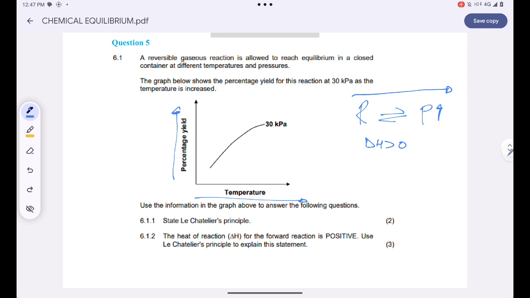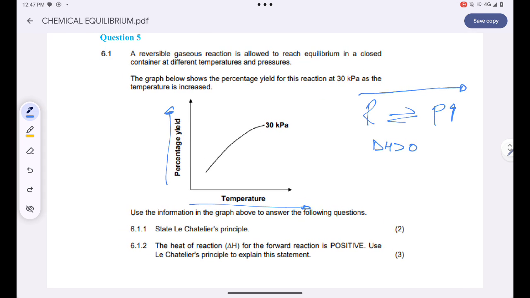6.1.2, we are told that the heat is positive. Yes, it is positive. We are supposed to use Le Chatelier's principle to explain this statement. As temperature increases, I can see that my percentage yield increases. So that means as temperature increases, the product increases.